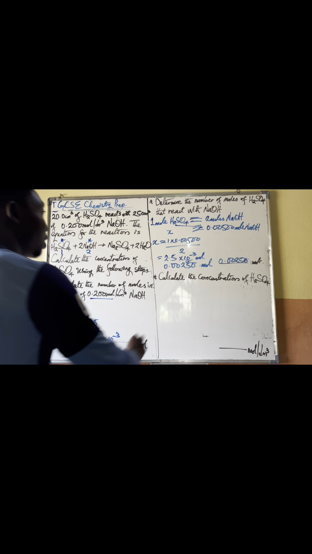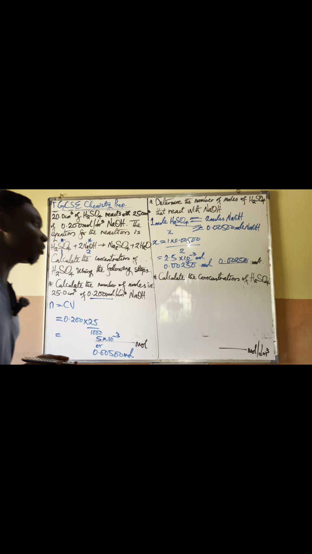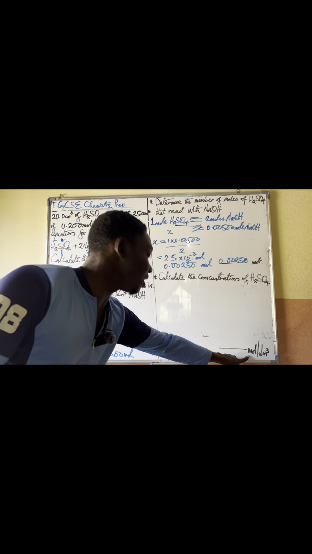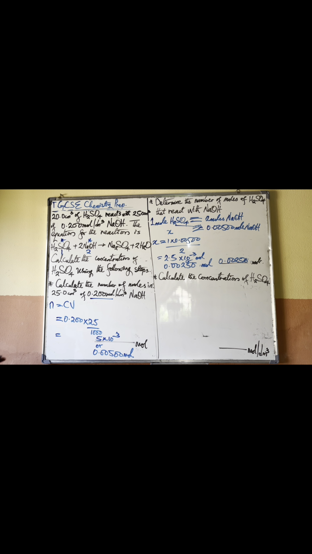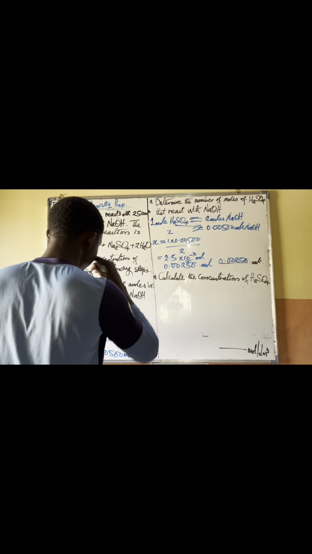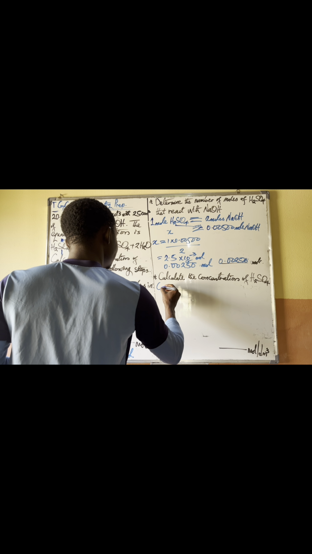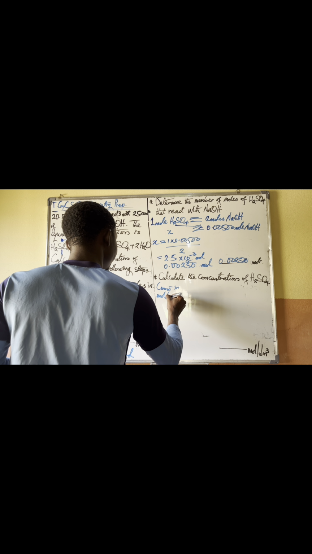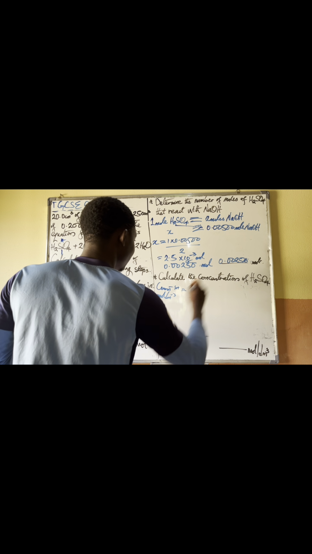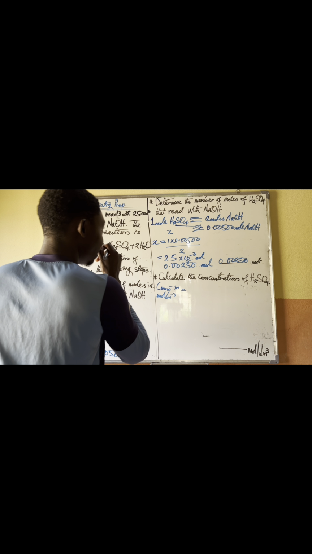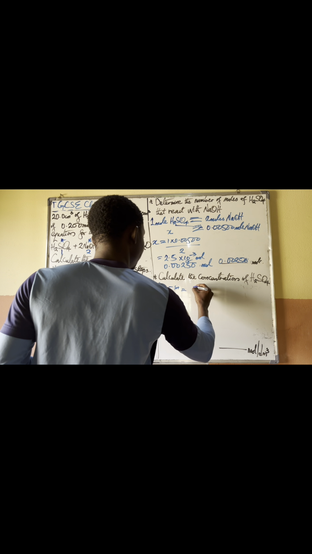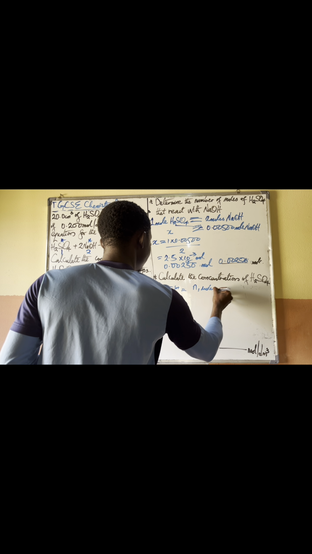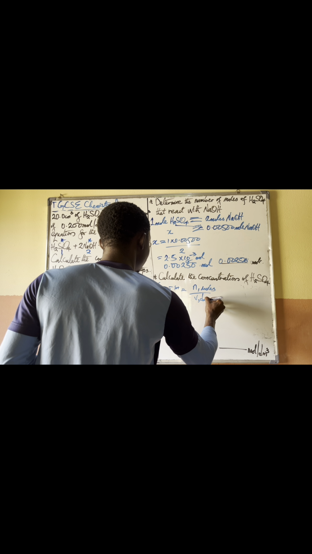Then the last one: calculate the concentration of the sulfuric acid in moles per dm cube. So we use the titration formula: concentration in moles per dm cube of the sulfuric acid equals the amount in moles, n, over the volume in dm cube.